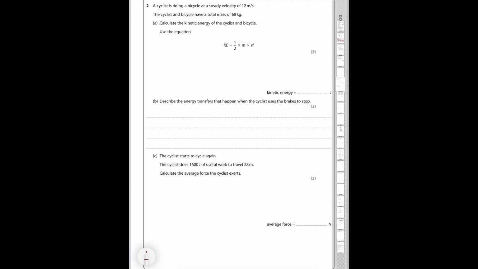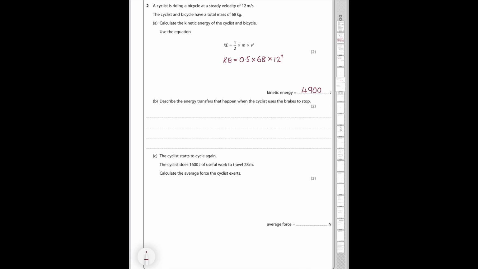If we substitute in our numbers, kinetic energy is a half times the mass, 68 kilograms, times our velocity squared. If we calculate that out, we get an answer of 4,900 joules.